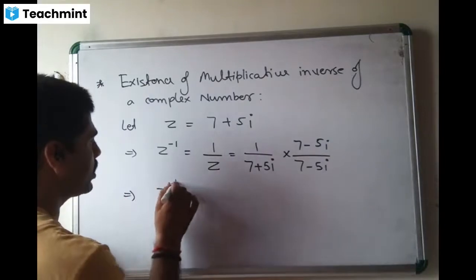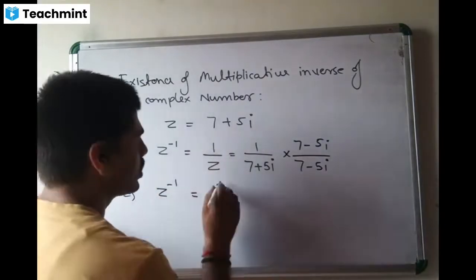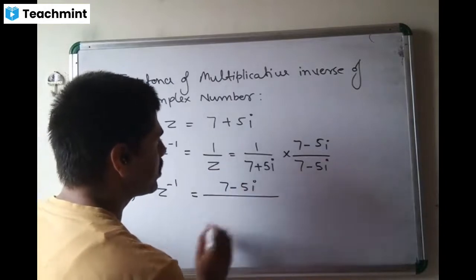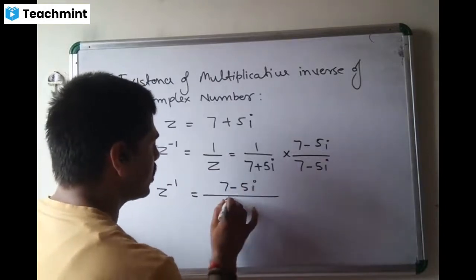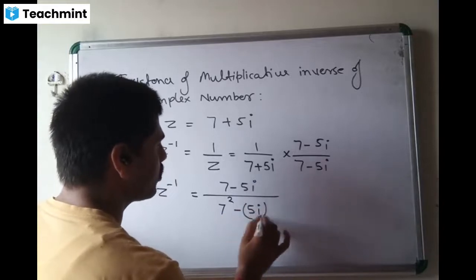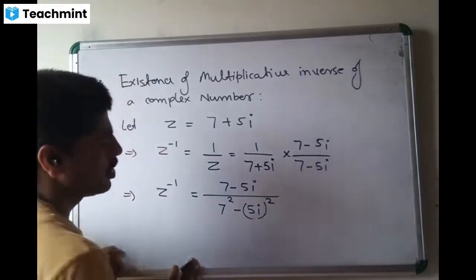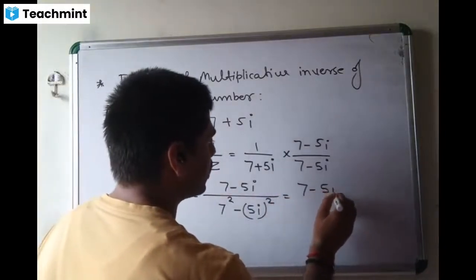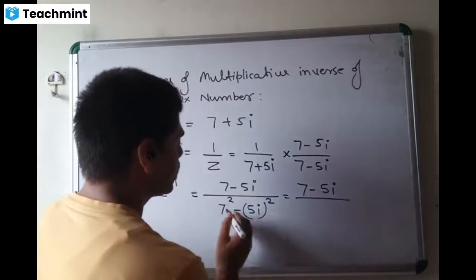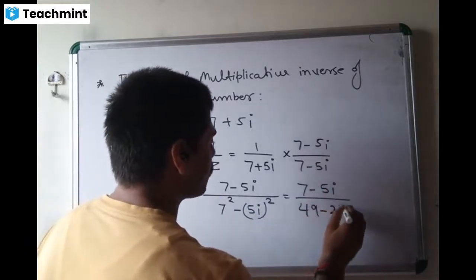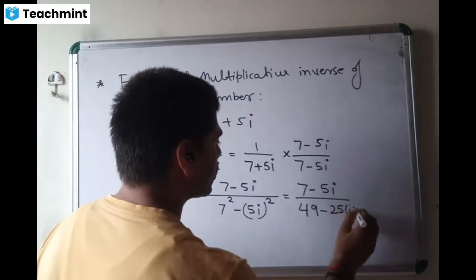Means z inverse is equal to (7 minus 5i) upon 7 square minus (5i) whole square. Then after that, 7 square is 49 minus 25 into i square.